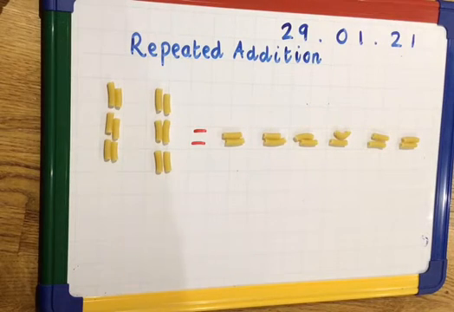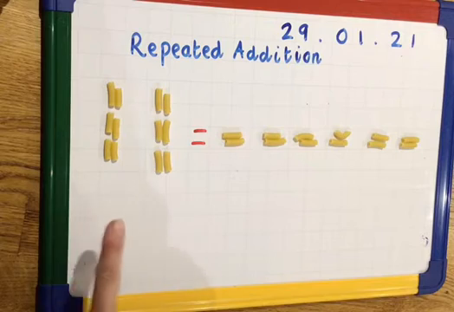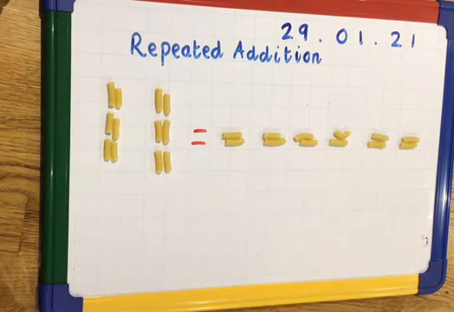Now children, do you remember how yesterday we looked at how we could rearrange our equal groups into different combinations? And we're going to use what we learnt yesterday to help us solve a little problem. Let's look at what I have written here.